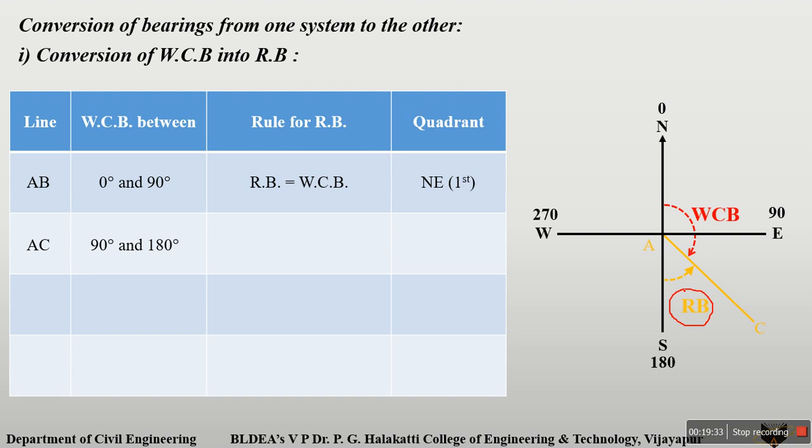So we can write RB is equal to 180 degree minus WCB. Similarly, we can write the quadrant, that is south east, the second quadrant.